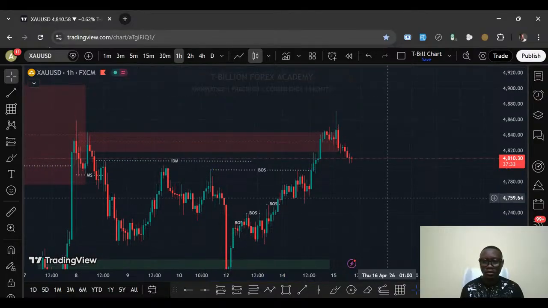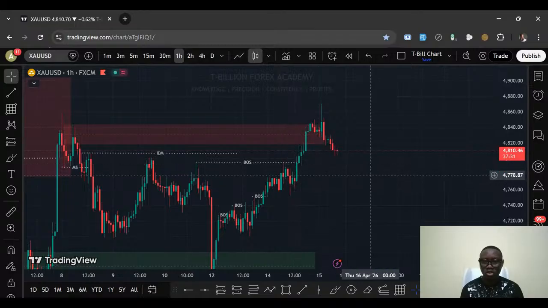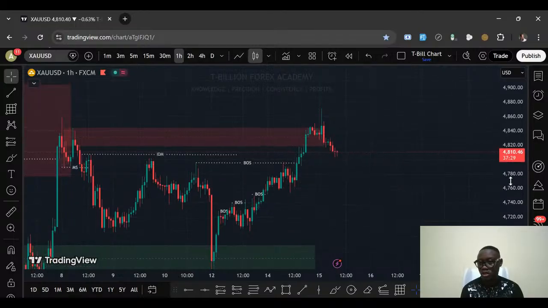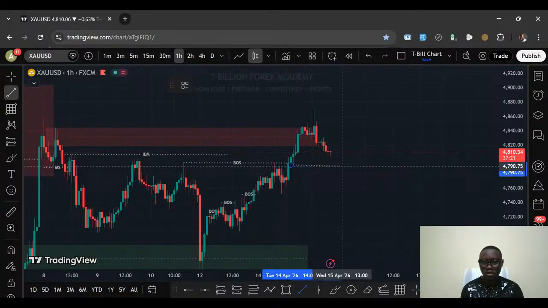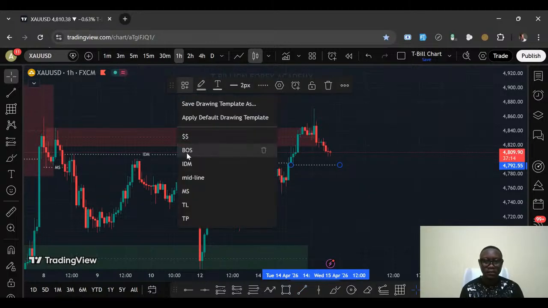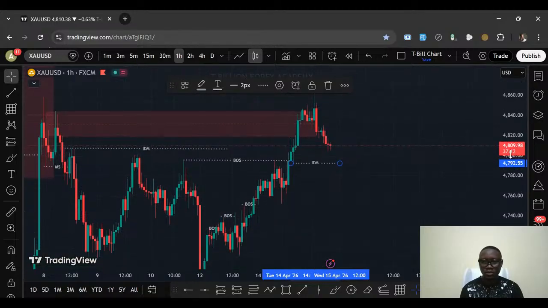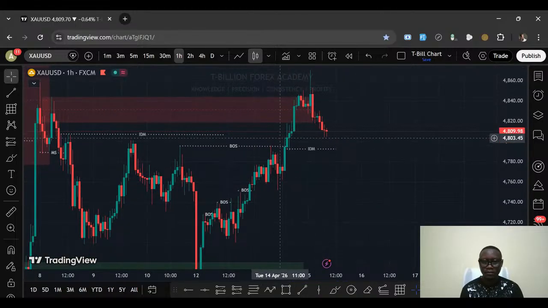Okay, now we have this break of structure. Let's apply our continuation concept. We have the break of structure right here, and this is our inducement. This is our inducement right here. Okay, we got this IDM right here.